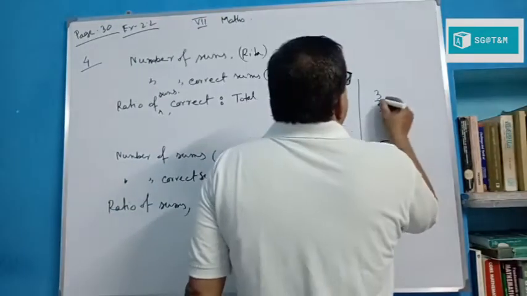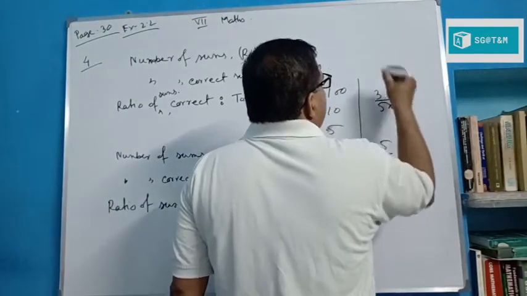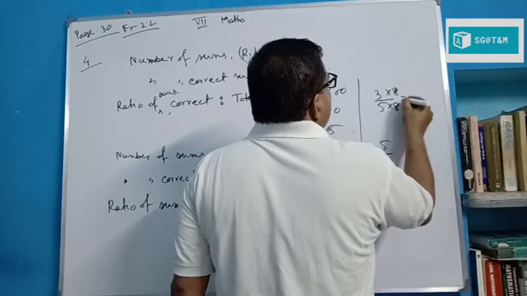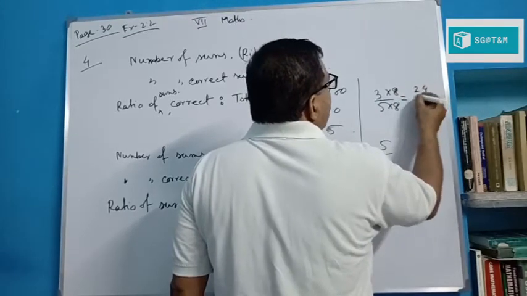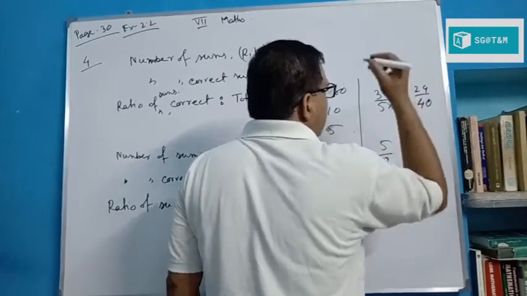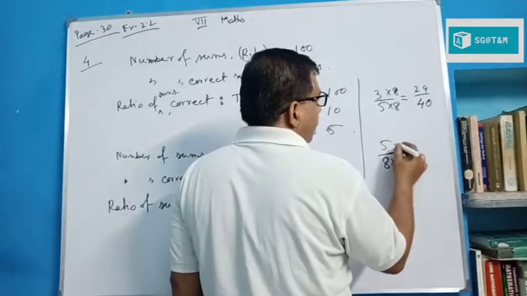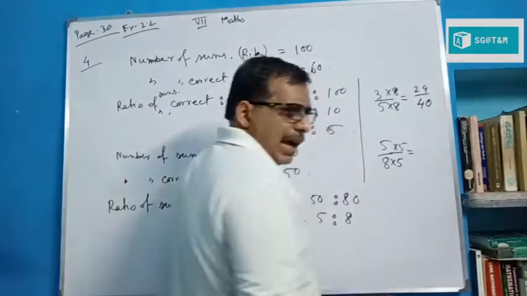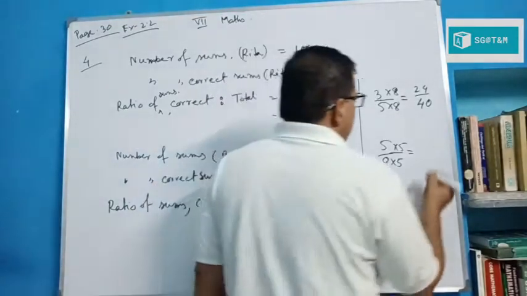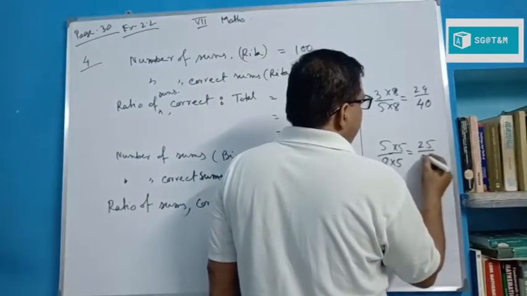So convert 3 by 5 by multiplying by 8 both numerator and denominator, then we get 24 by 40, and the other fraction, multiplied with 5 both numerator and denominator, we get 25 by 40.